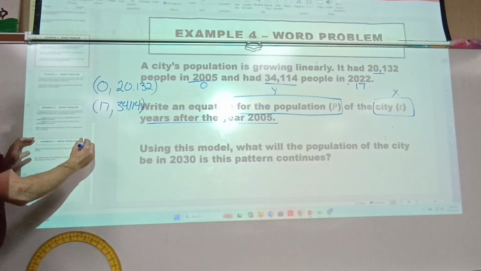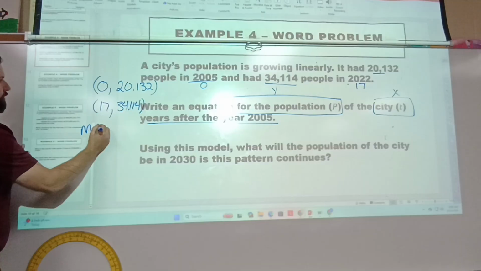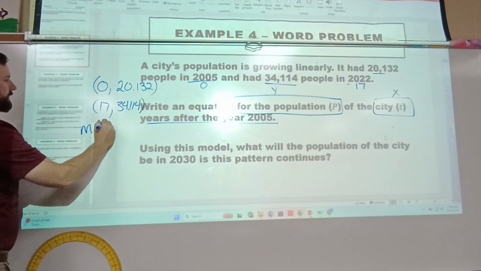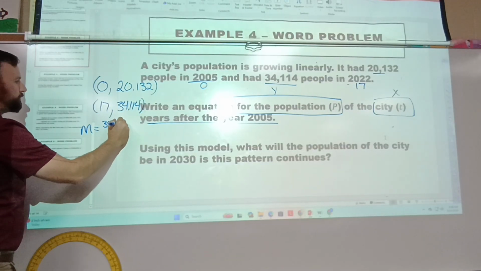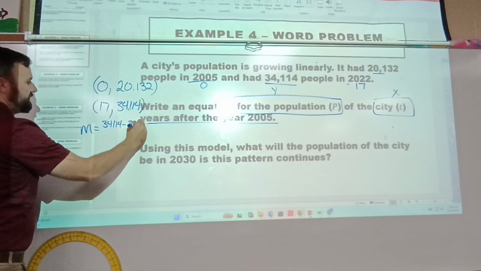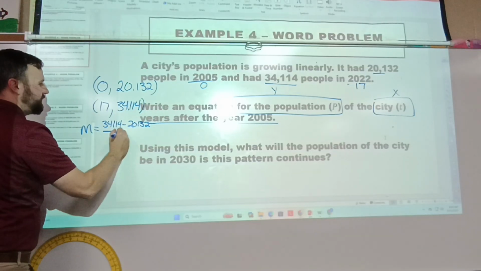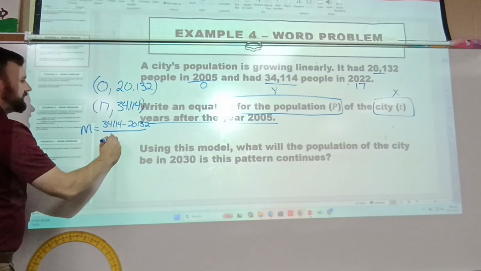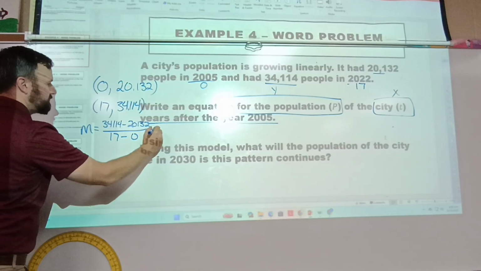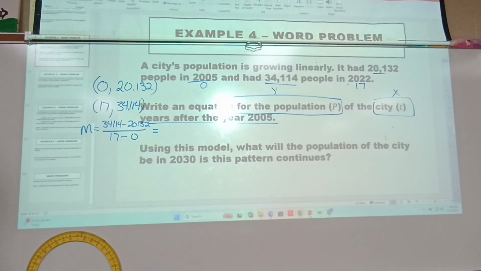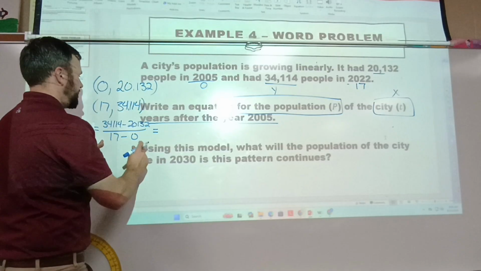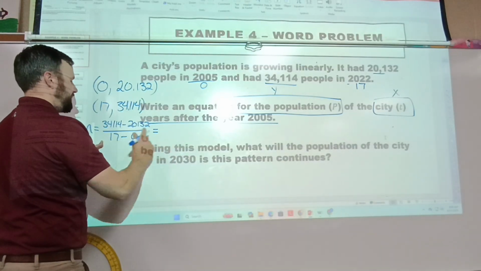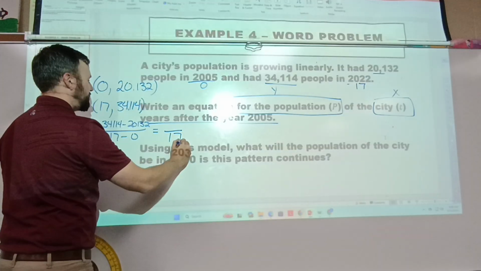I need a slope. So I'm going to find my slope. 34,114 minus 20,132 over 17 minus 0. Can I do that in my head? I would take help if you guys could offer me some help.